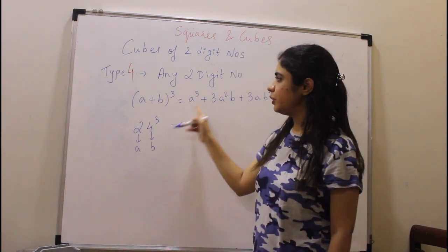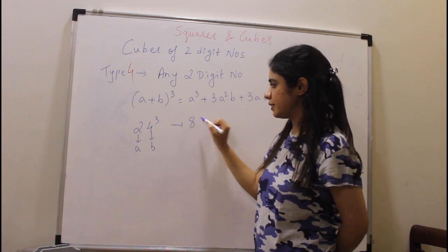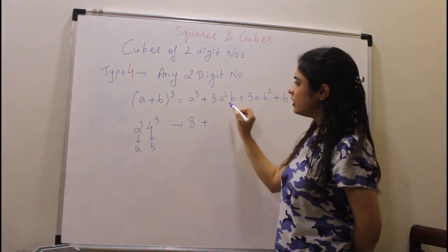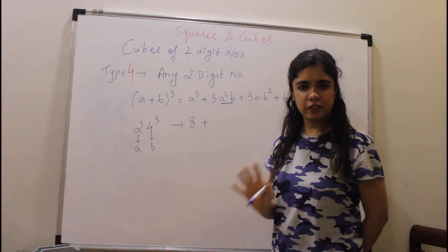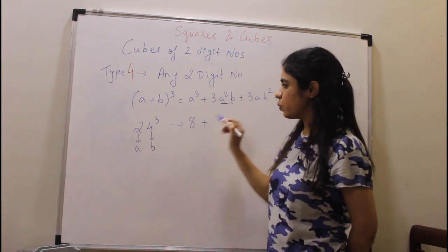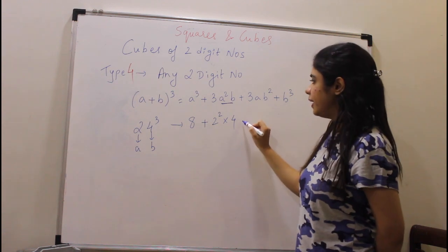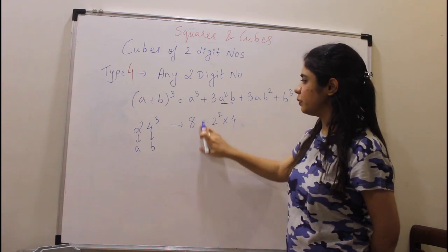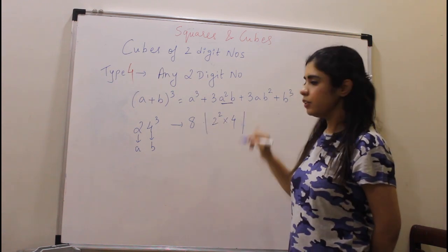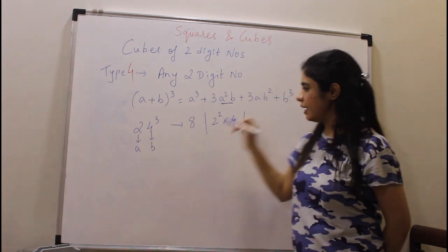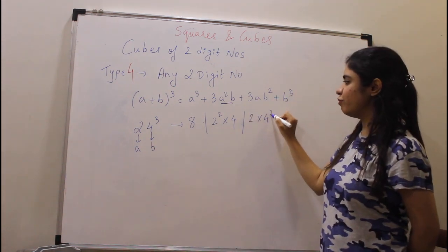So first will be 2 cube, which is 8, plus we'll just calculate a square b. So 2 square into 4. Then we'll just put a gap rather than writing plus, ab square. So a is 2, b square means 4 square.